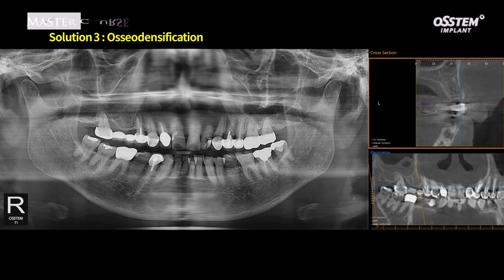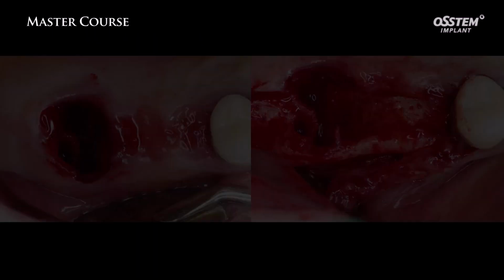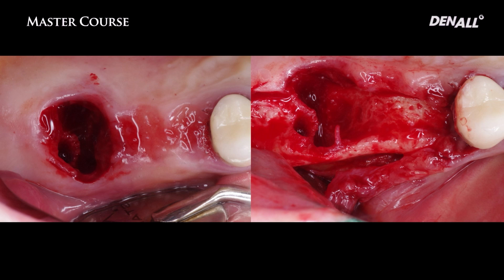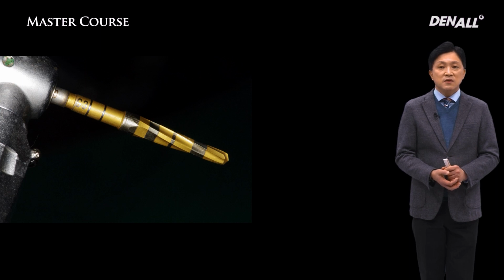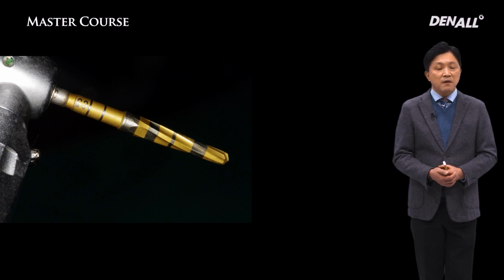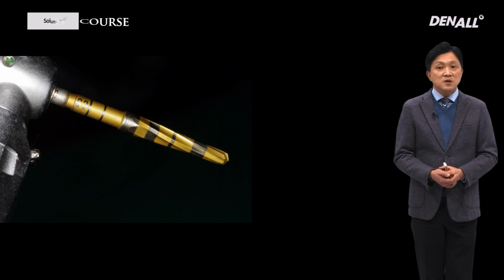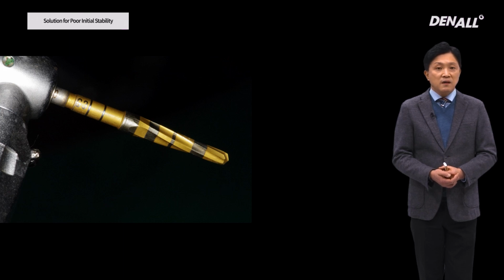The osteodensification method can be used for the implant placement according to the plan. The bridge is cut. Number 17 is extracted. When we place an implant, I believe you have already seen it or you are already using it. Many people already use the denser burr for osteodensification.